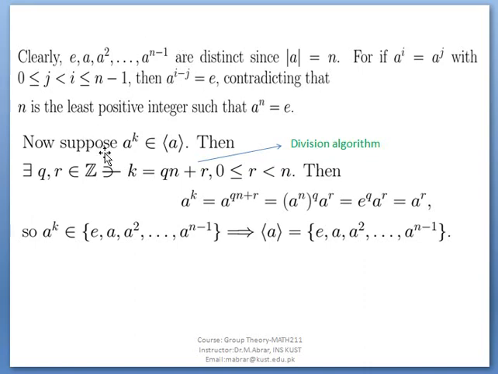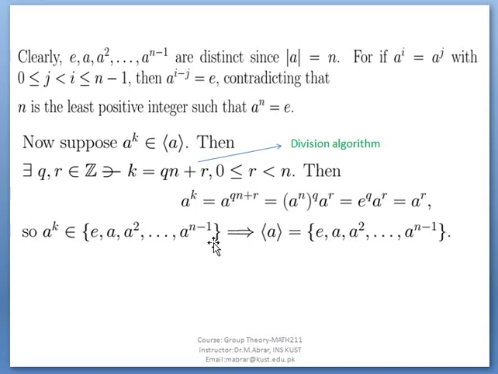So we take some power from here, because in this set there are actually powers of a. We consider some power of a, say a^k. Then by the division algorithm we can write k in this form: k is equal to qn plus r. Definitely r is less than n, so we replace this k by qn plus r, and simply it can be written as a^r.